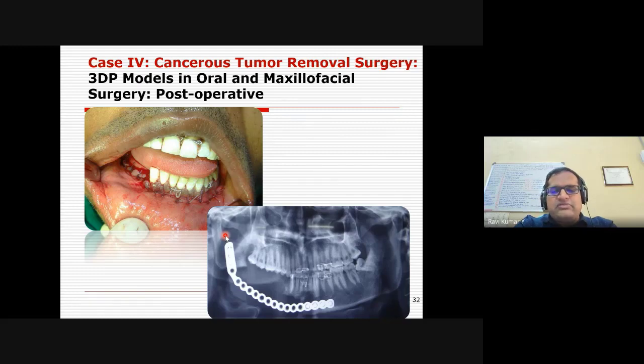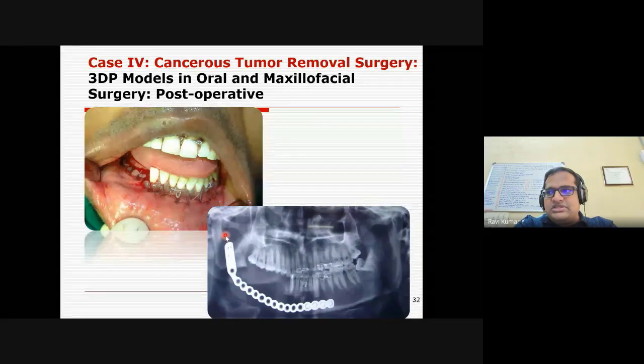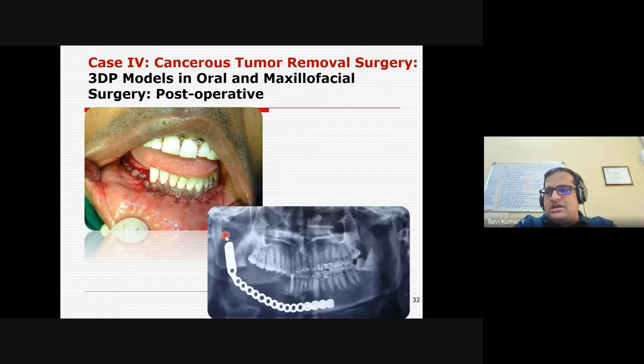Then we succeeded in another attempt, and we designed the implant for this patient's condition, a patient-specific implant. What I'm trying to say here is that if you have any difficulty in conventional surgical procedures, 3D printing will definitely give a better solution.